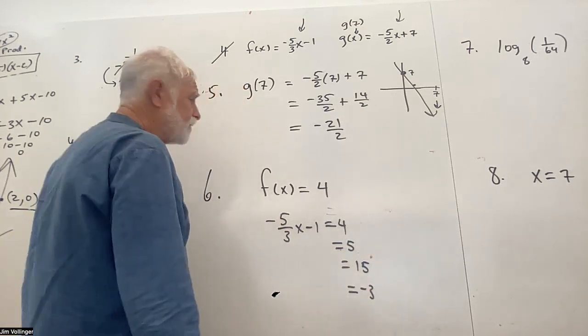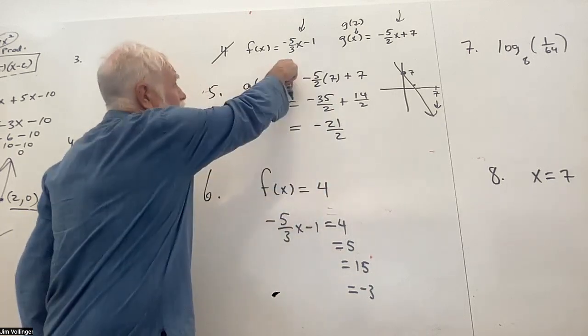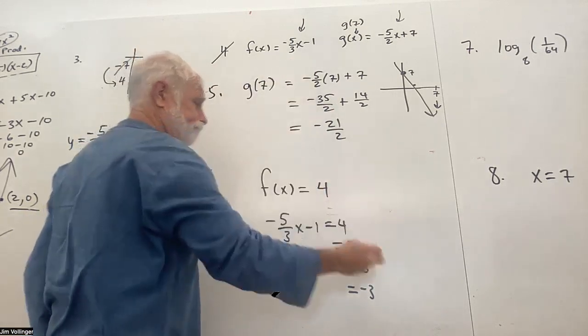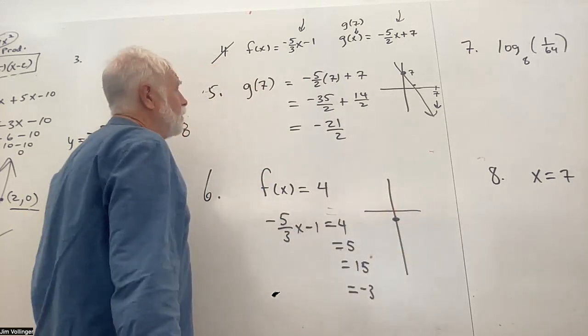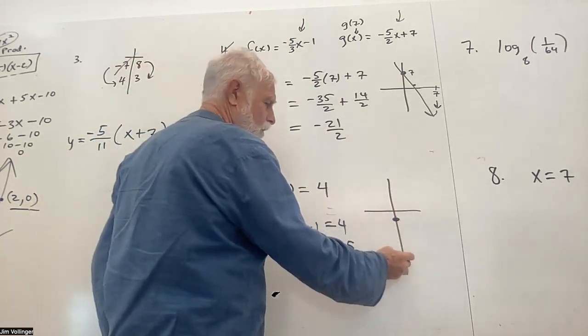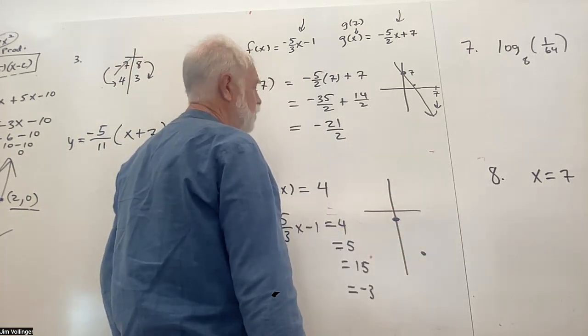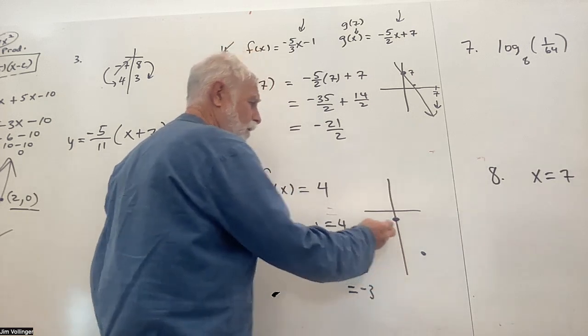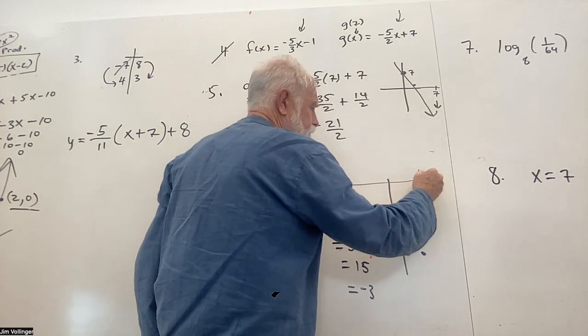So why don't we check that the same way we did the last one? Okay, which one am I at? That's slope-intercept. So my intercept's -1. Let's call that 1 unit of change. I'm going down 5 over 3. That probably takes me about there. And I am looking for when this hits a height of 4. Well, that's 1 unit, so 4 is probably up here, y equals 4.